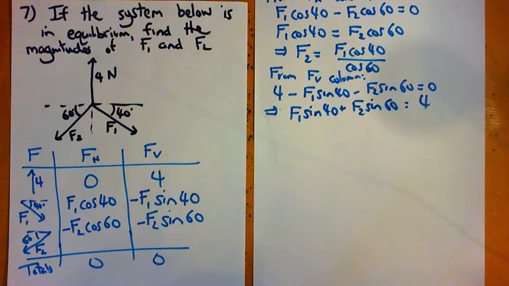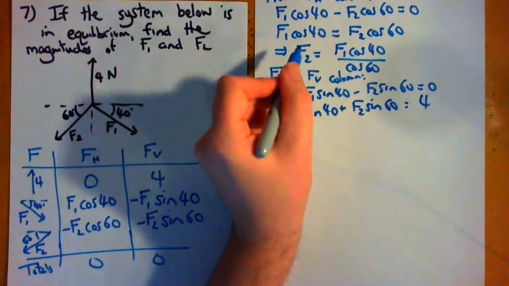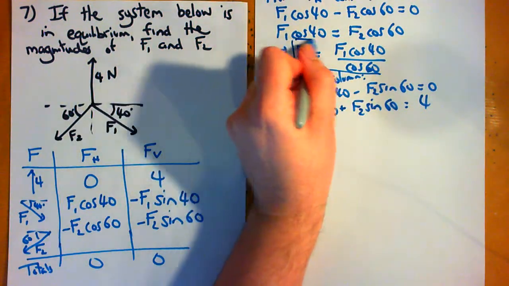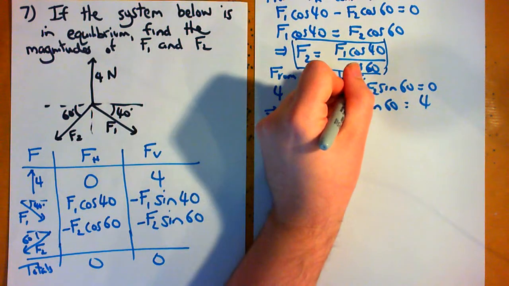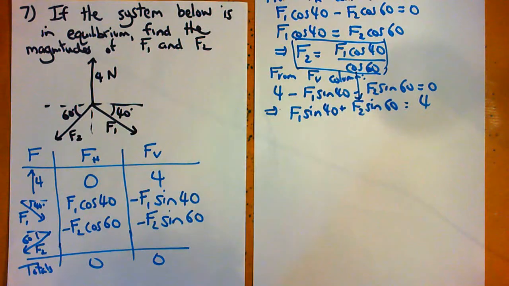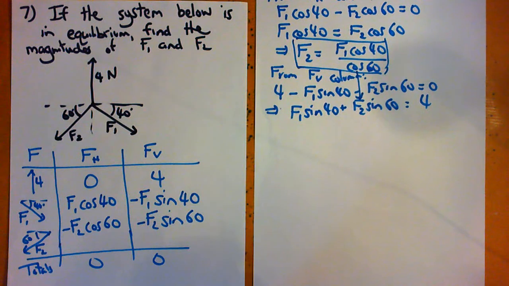Okay, so now we have an expression for F2 that we found from our horizontal equation. Let's substitute that in. F2 is the whole of F1 cosine 40 over cosine 60.